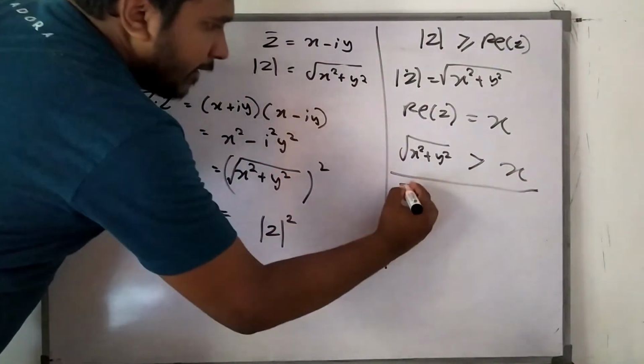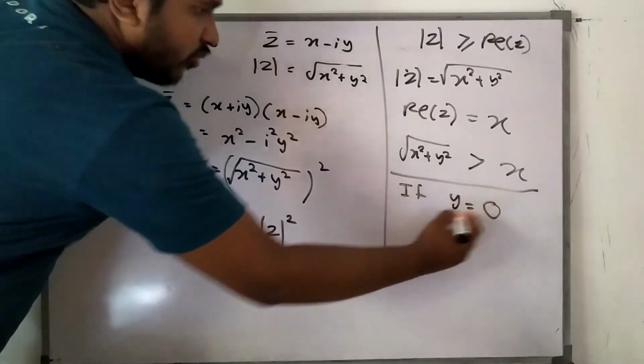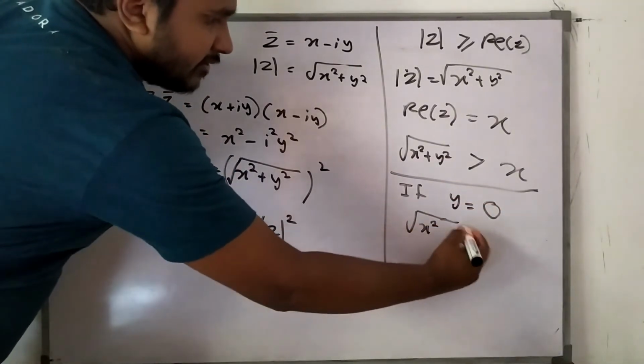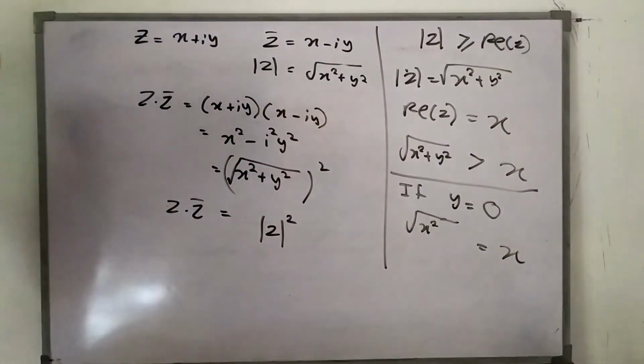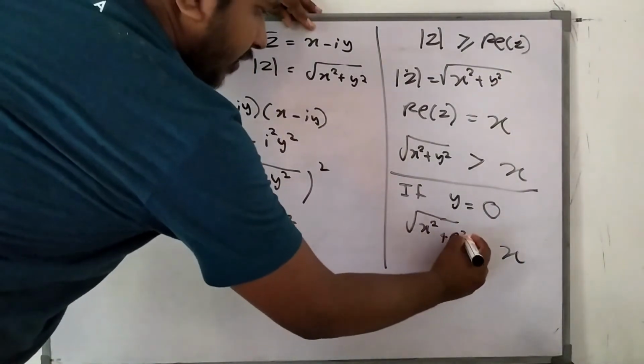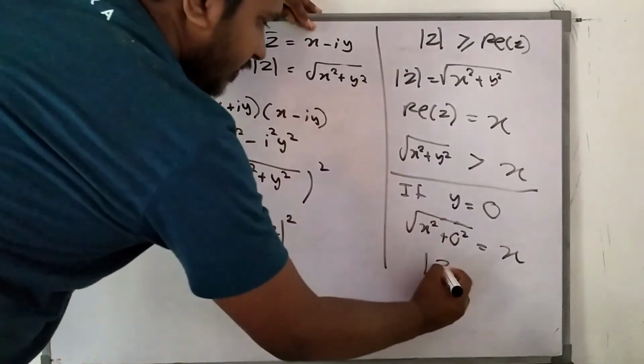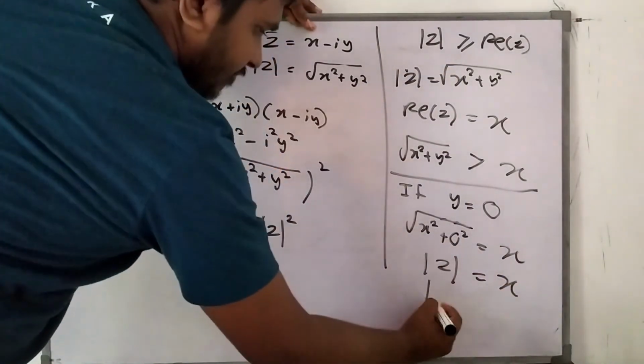But if y becomes 0, then the square root of x square is equal to x.